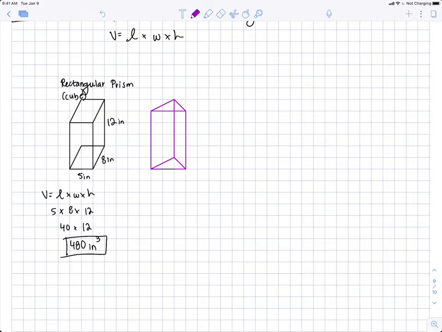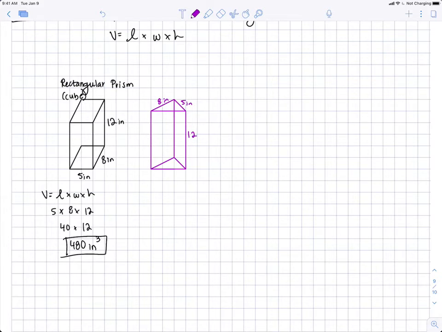All right, and the dimensions of this triangular prism, we're going to say that this side is 8 inches. I'm going to say this is 5 inches. And then this piece going across here, actually, let's say this is 12 inches. And there we have it.